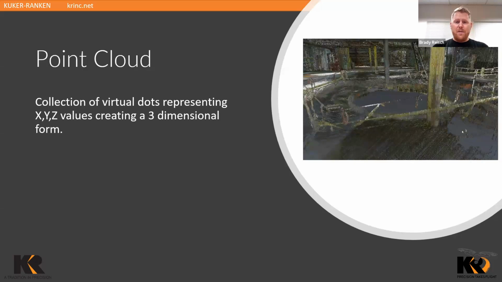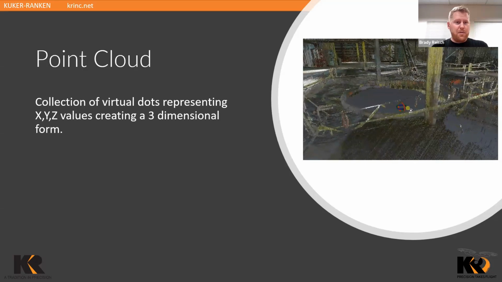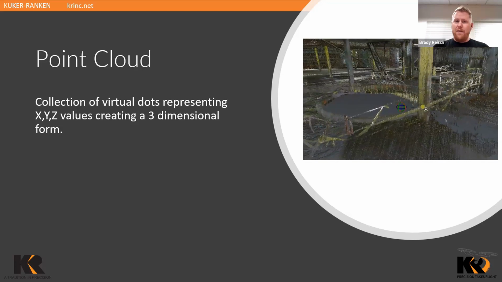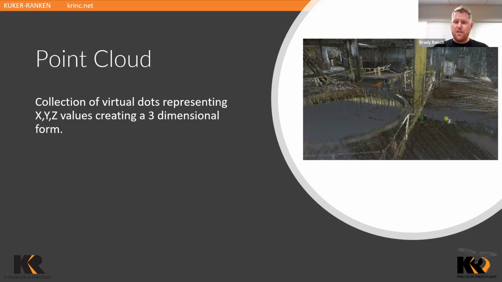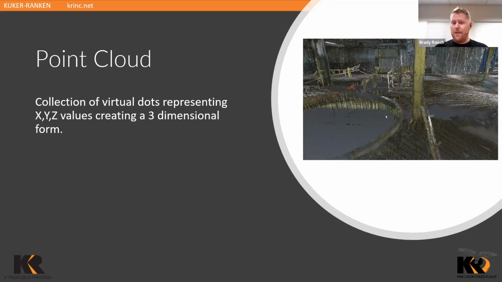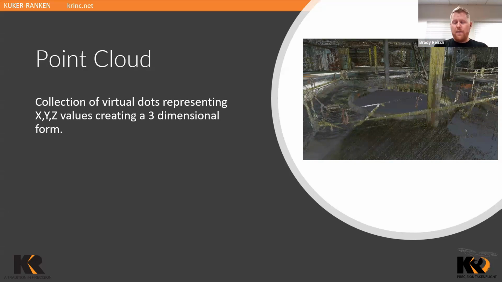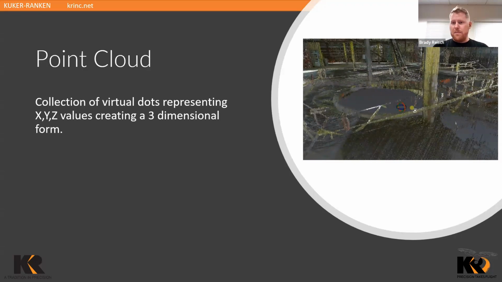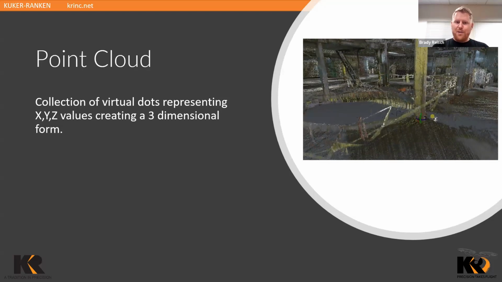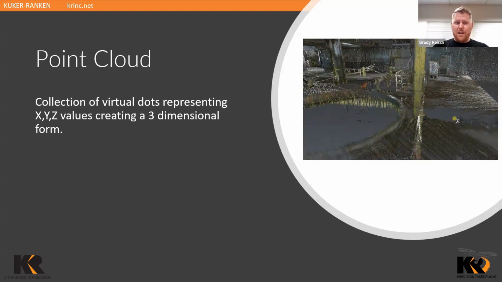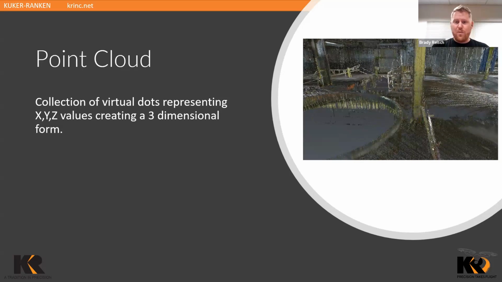There are also other options to scan interior as well, though that's not the focus of this Lunch and Learn. If you'd like to learn a little bit more about that, certainly reach out and let us know, because we can combine interior and exterior to create a full, comprehensive point cloud from inside to out. So ultimately, each of those points with an XYZ value gives us that three-dimensional form, and that's why we're really using these LiDAR systems.